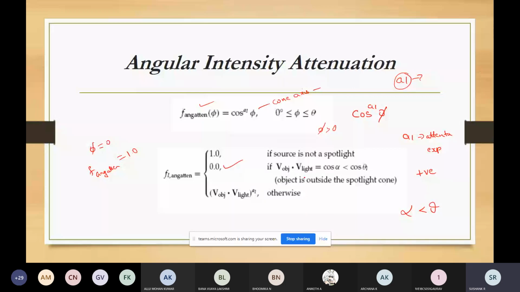Otherwise you can simplify this cos phi, since even this cos phi is also dependent on theta, so you can replace this cos phi with the formula which we had studied in the previous class: V object into V light, power the exponent factor, like this.